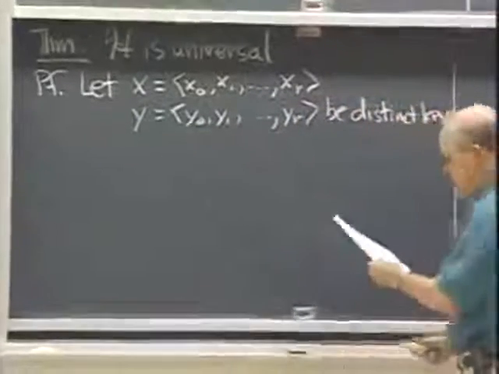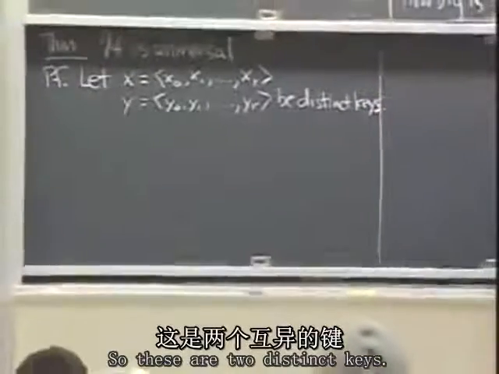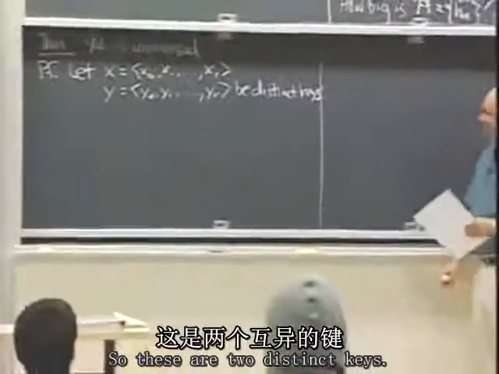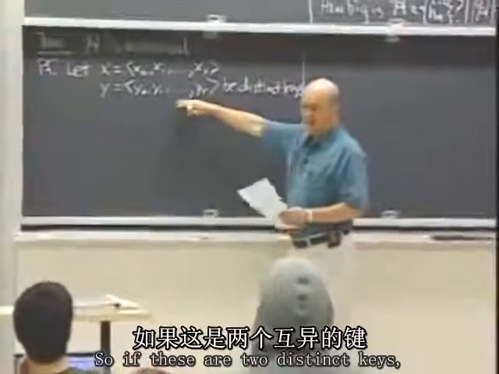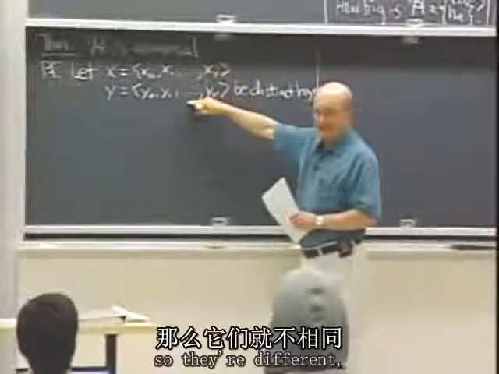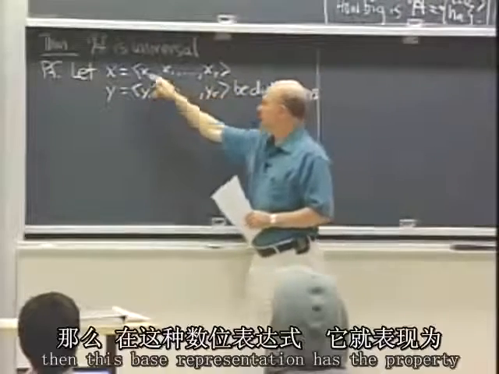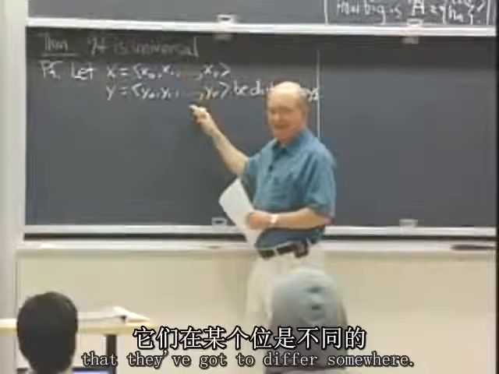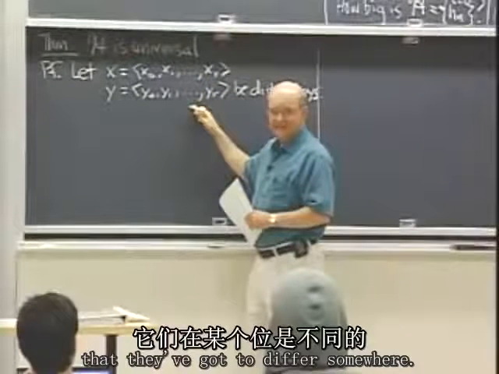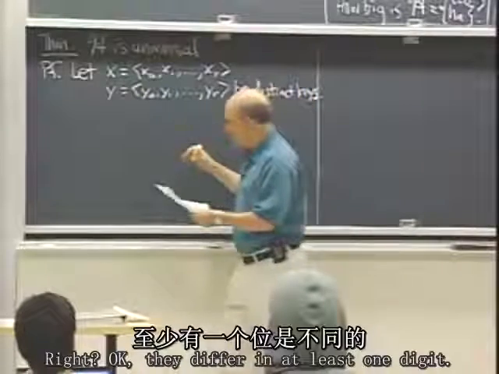These are two distinct keys. Since they're different, their base representations have got to differ somewhere. They differ in at least one digit.